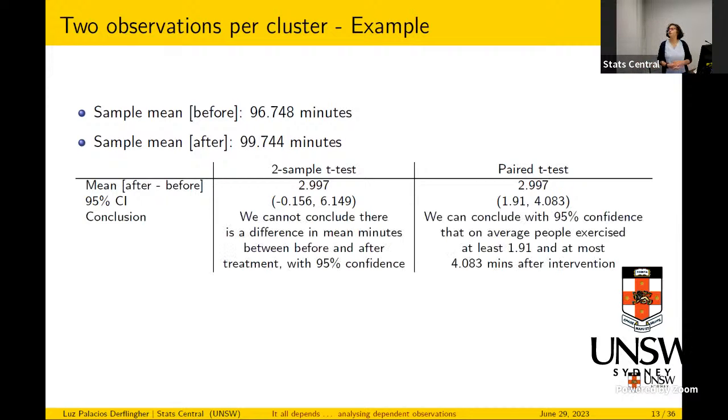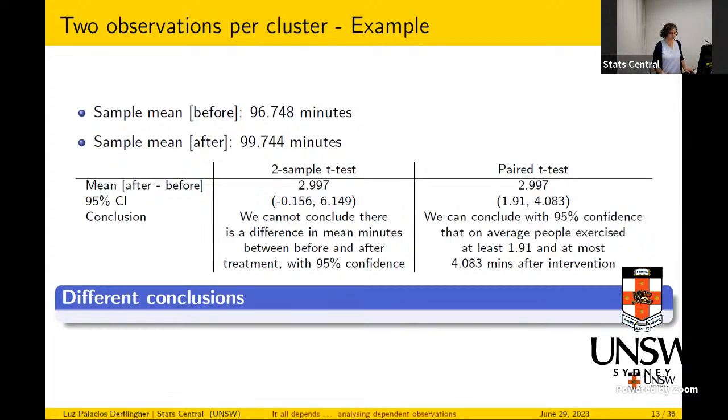So the conclusions: if we do a 2 sample t-test, assuming that they were independent, we cannot conclude that there's a difference in mean minutes between before and after treatment with 95% confidence. Whereas if we do a paired t-test, we can conclude with 95% confidence that on average, people exercise at least 1.91 minutes and at most 4 minutes more.